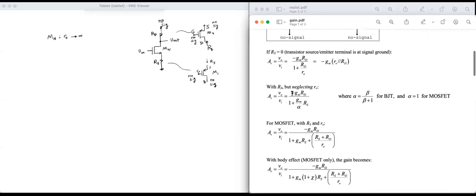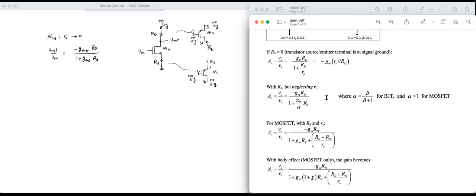This is the formula when there's no RO: minus GMRD over 1 plus GMRS divided by alpha, but alpha is 1 for a MOSFET. So the gain V out over V in is minus GMN, the amplifying MOSFET, RD divided by 1 plus GMN RS. This is the formula when RO is very large.